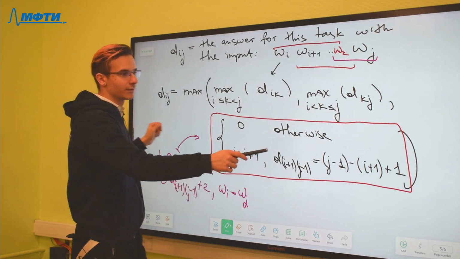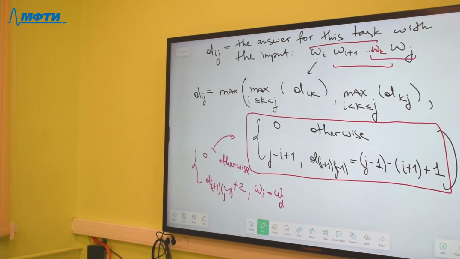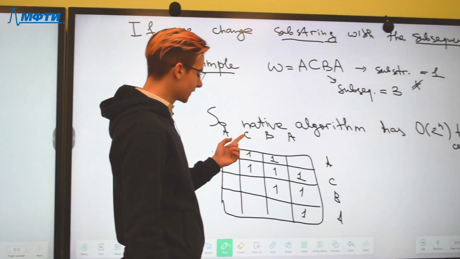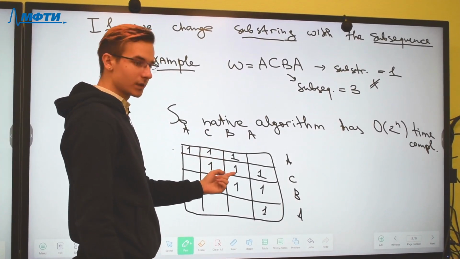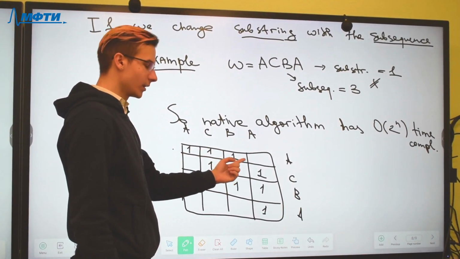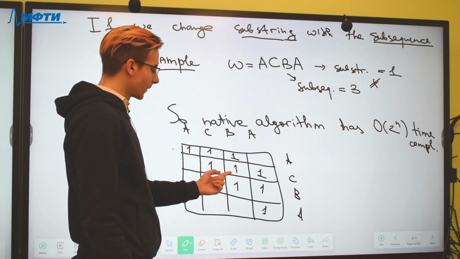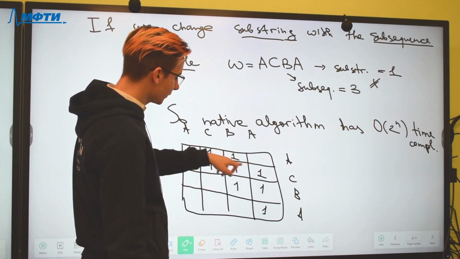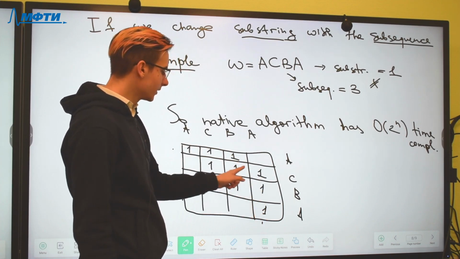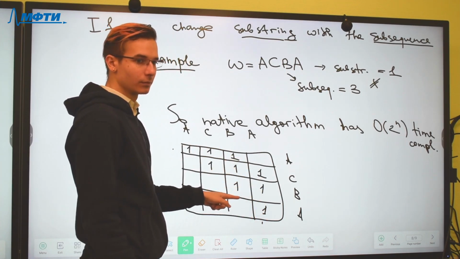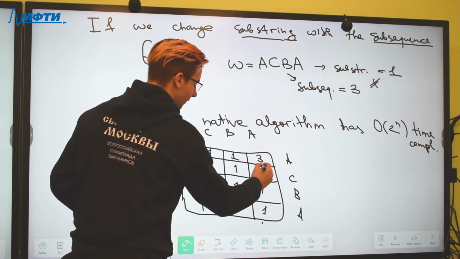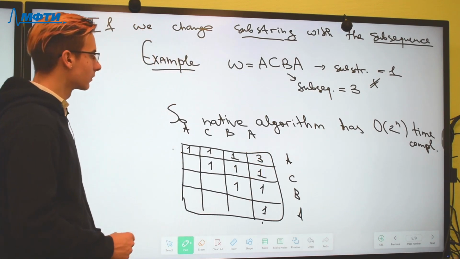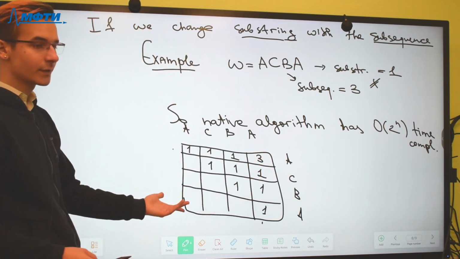So the answer for this subtask is the answer from C to B. I compare 1, 1, 1, 1, 1, 1, and 1 plus 2. So I set here 3. Yeah, so it is the answer for this algorithm.